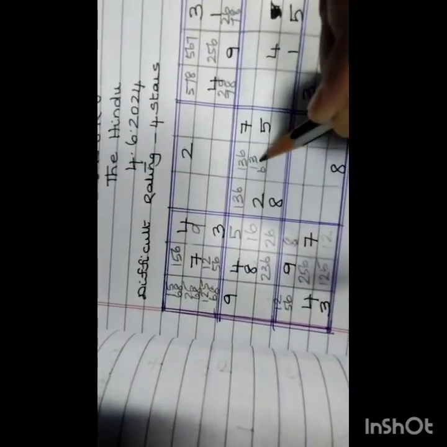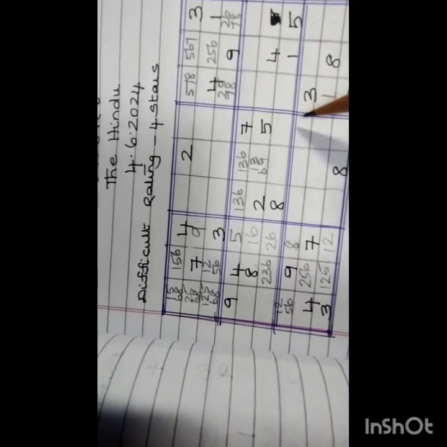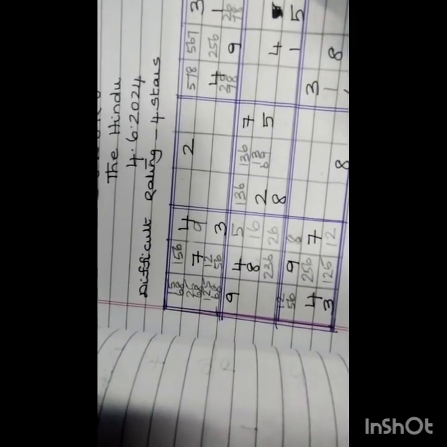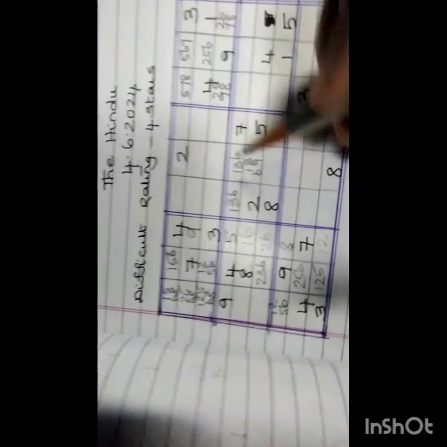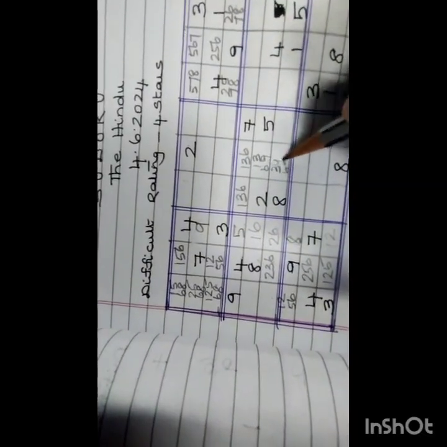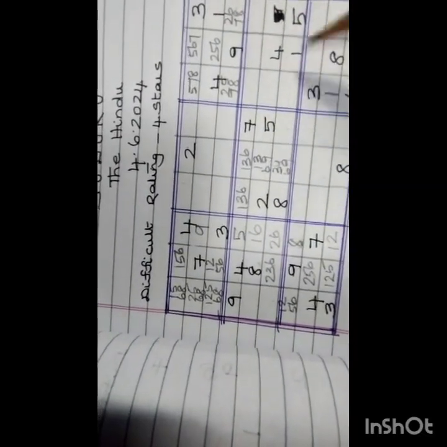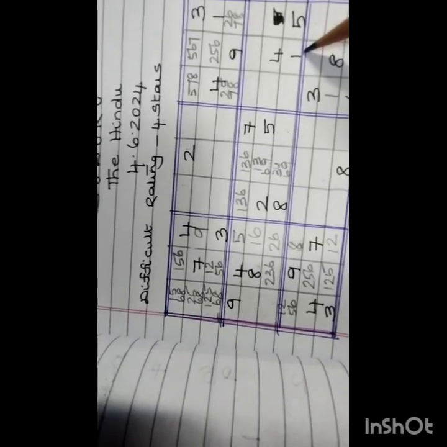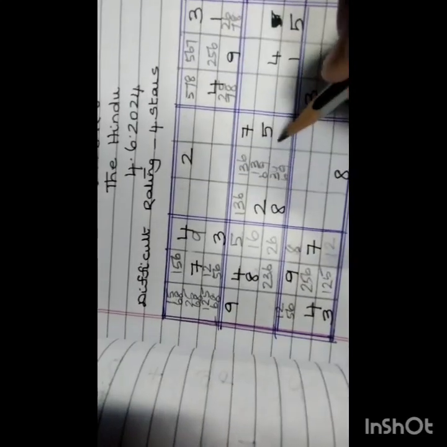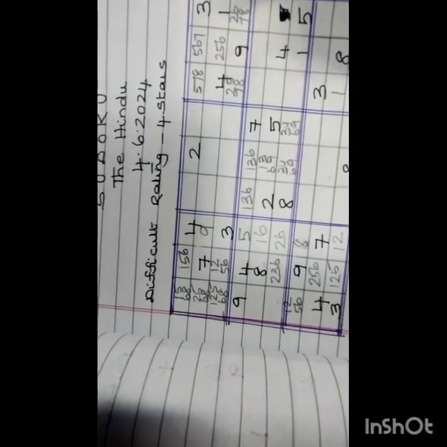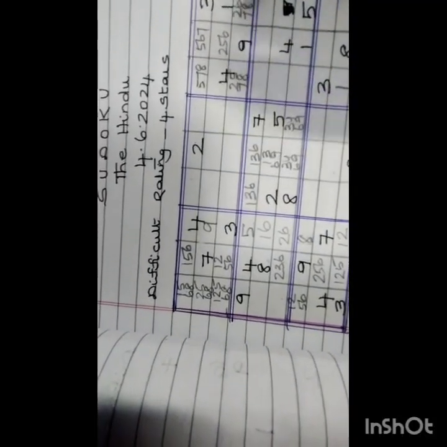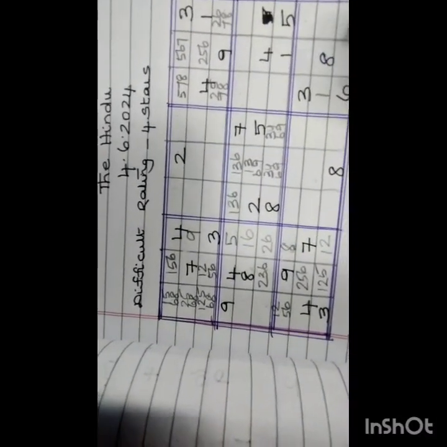Write 1, 3, 6, 9. This row 1 is there, that's all. So 3, 4, 6, 9 can come. This row 1, same, 1 is there, so 3, 4, 6, 9. After filling, check, nothing. So then we'll move on to this.